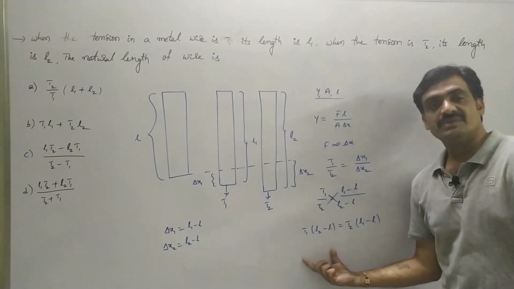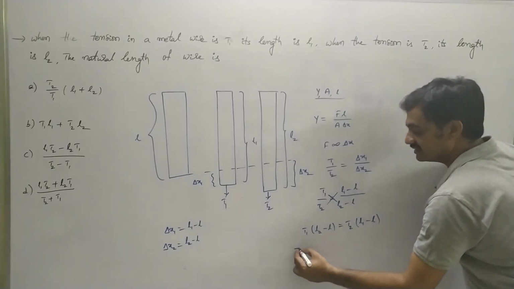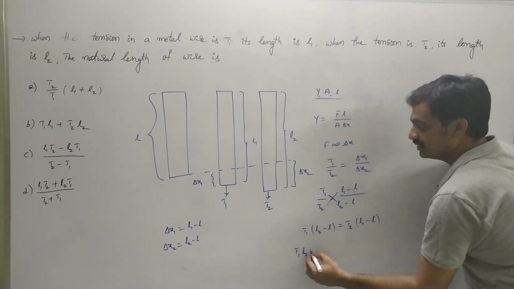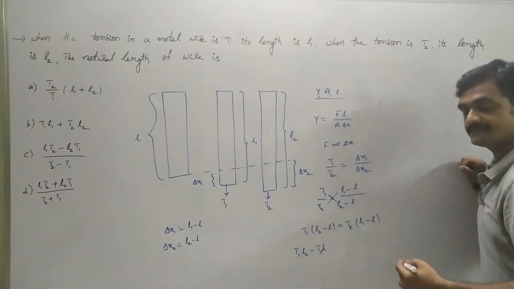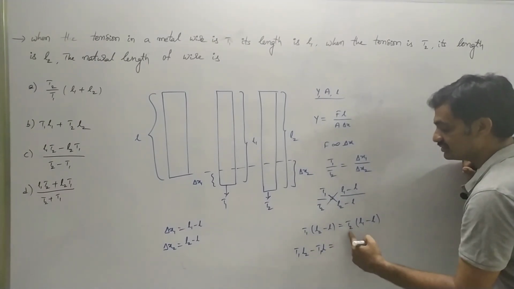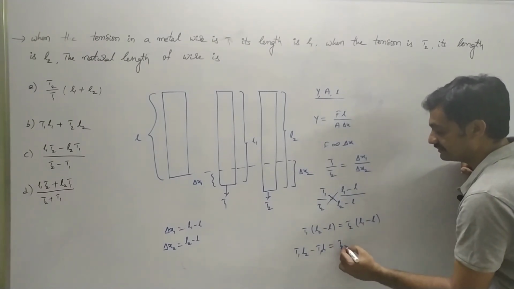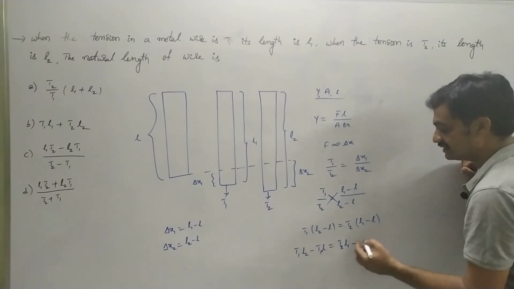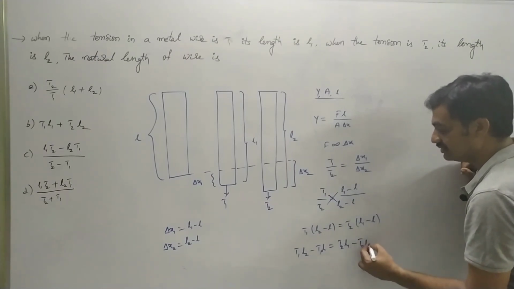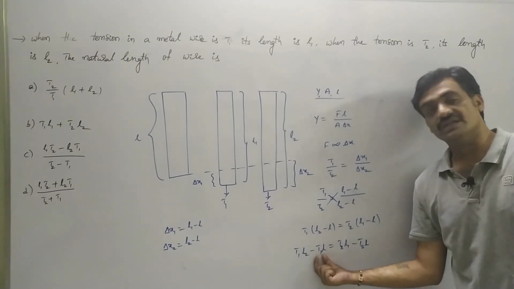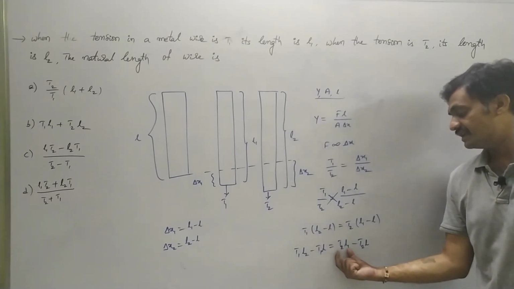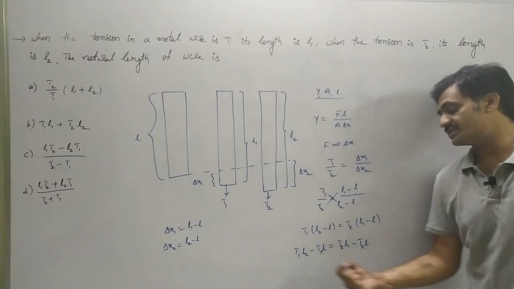I am going to split this expression. As we split, observe that T1 L2 minus T1 into L is equal to T2 into L1 minus T2 into L. I am going to bring this T1 into L towards this side and send this T2 L1 towards this side.